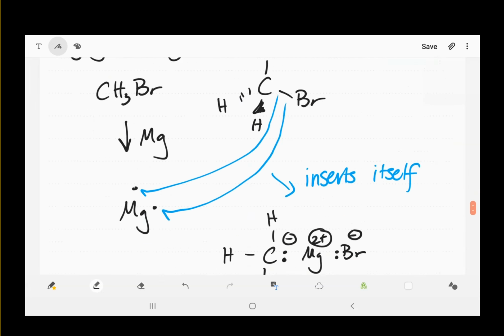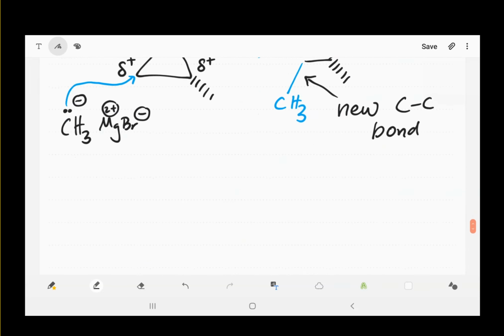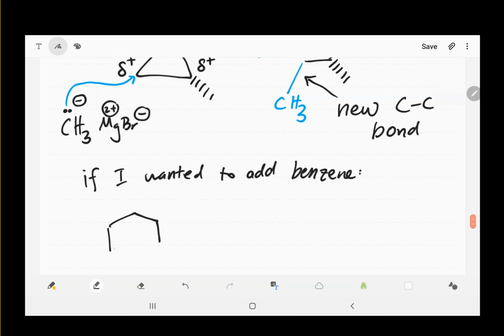So if I wanted to add benzene, well, here we go. If I have benzyl bromide, stick it with some magnesium. Typically you'll use, by the way, an ether as your solvent.